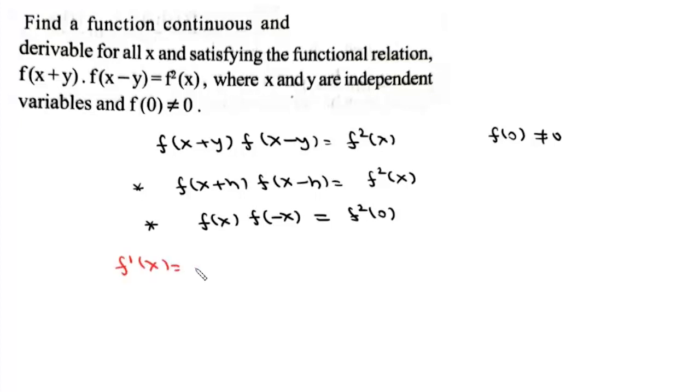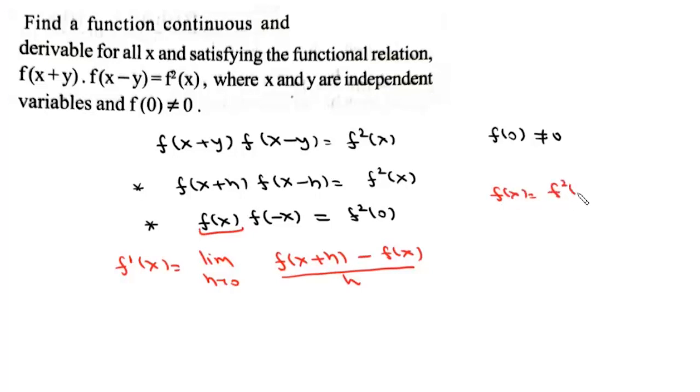Now what we'll do is we'll write f dash x. Now this f dash x will be this limit h tends to 0 of f(x + h) minus f(x) upon h. Now what we'll do is we'll write this f(x) as f square 0 upon f(-x).